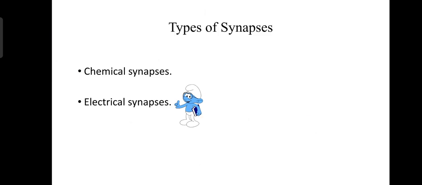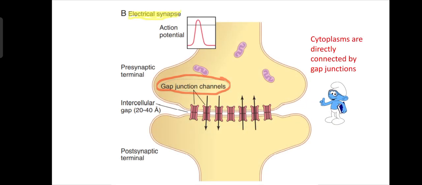So what are the types of synapses? Synapses can be classified into chemical synapses or electrical synapses. In electrical synapses, the cytoplasm between two cells is connected by gap junctions, and so the current or the action potential can be transmitted through these low resistance areas between these types of cells.